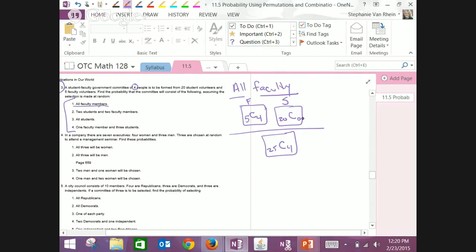If I want the specific outcome that all of them be faculty members, then I need to do 5 choose 4. This is a combination because order doesn't matter.